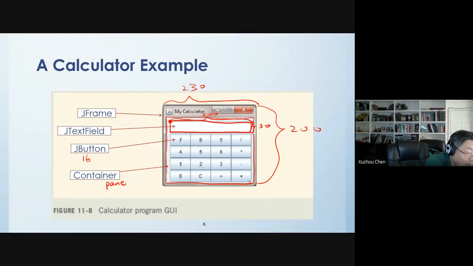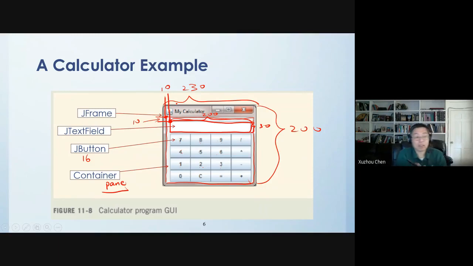It's 10, 10 because the origin is here, the top left corner of the container. This defines the value 10, and this also defines the value 10. So this is the location 10, 10.